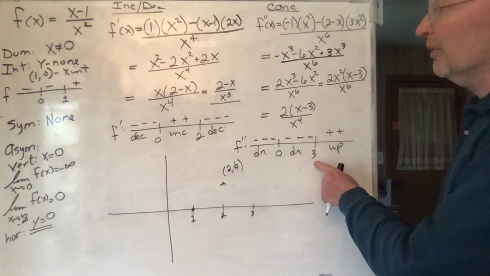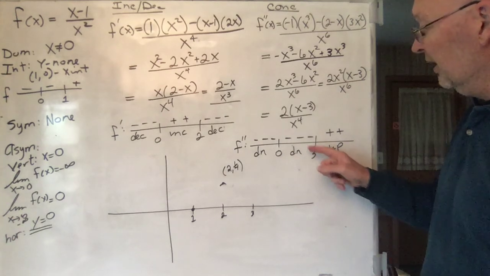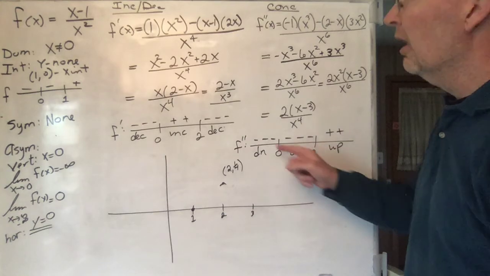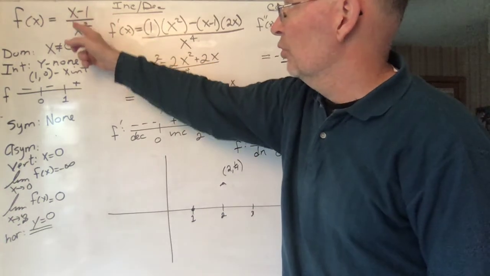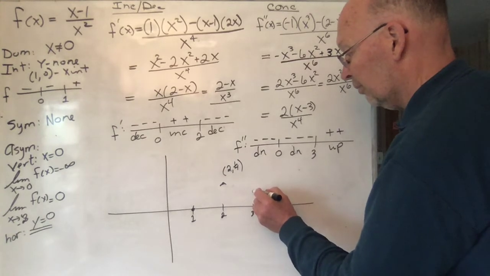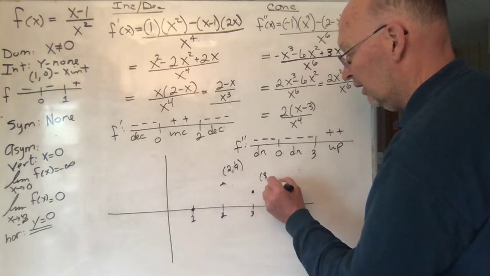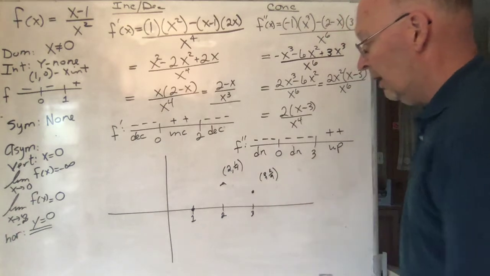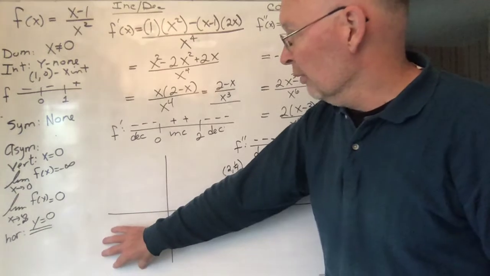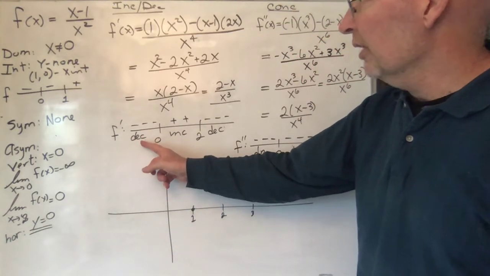At 3, what happens at 3? First of all, it's going to be an inflection point because the concavity changes from negative to positive there. What's the value at 3? It's going to be 2 over 9. So down just a little bit from here. Let's put it right there. So 3, 2/9. And that should do it. Let's see what happens. So over here, what's happening? The function is decreasing.